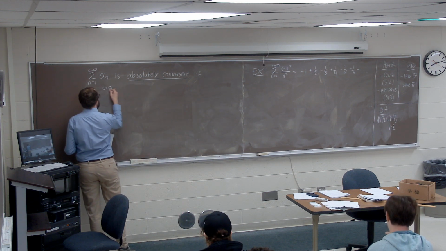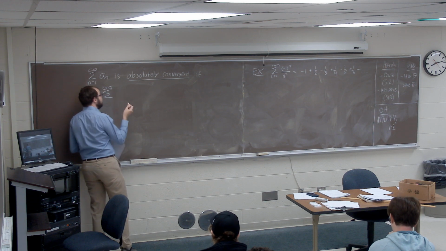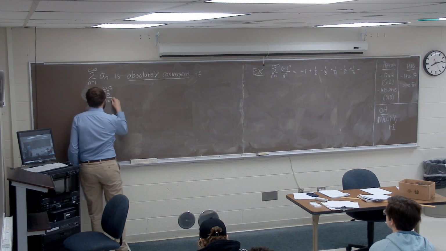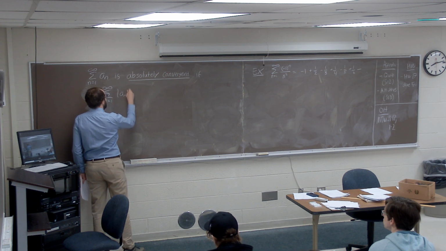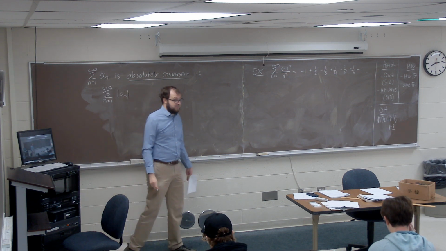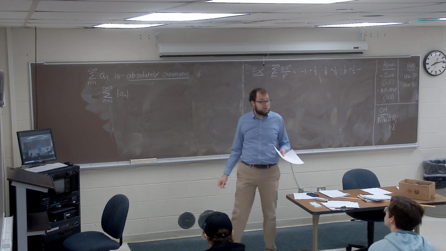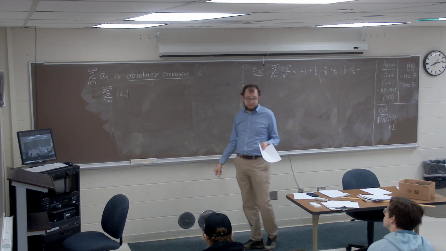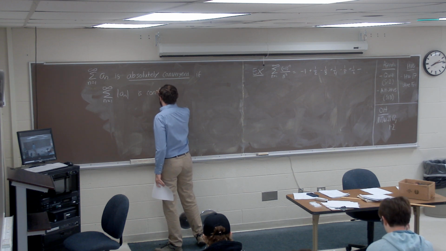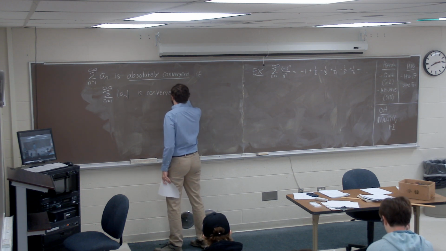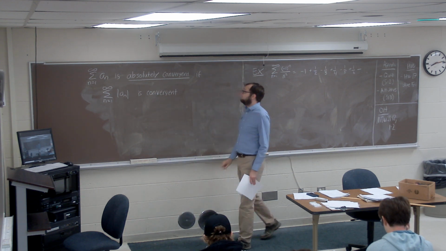So in other words, an absolutely convergent series is one where if you replace a sub n with the absolute value of a sub n, meaning you take every term in your series and force it to become positive, that series happens to be convergent.